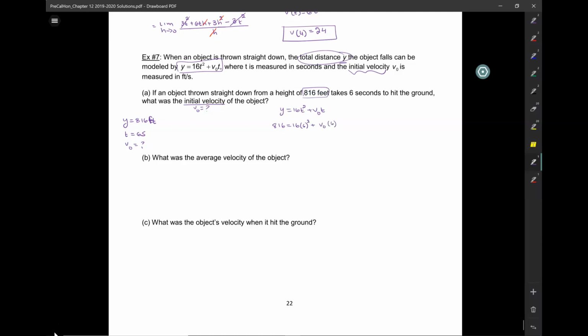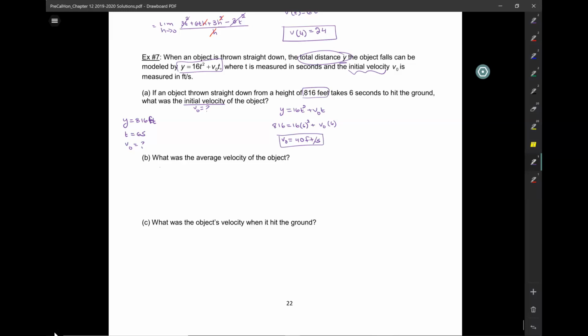And now when I multiply 16 times 6 squared, and then I subtract and so on, v naught is equal to 40 feet per second. So that is the initial velocity.